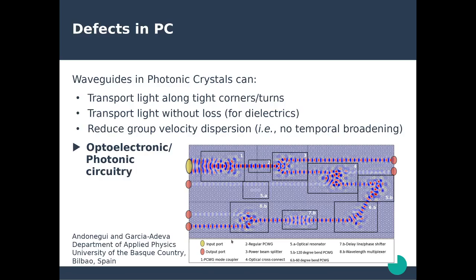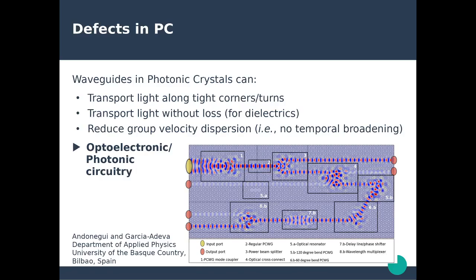Just an example from work that has been done by a group in Spain, where they designed a complete circuit based on photonic crystals. You have basically an input optical field here, which they call the input port, and then they design specific functions based on the type of defect.